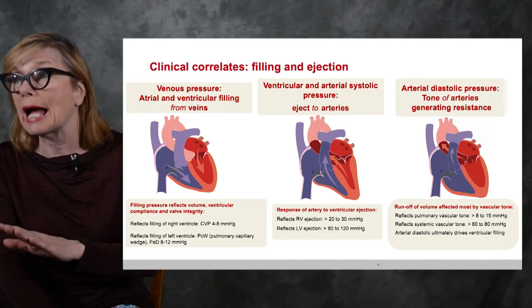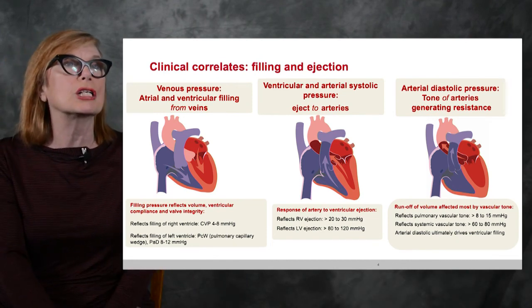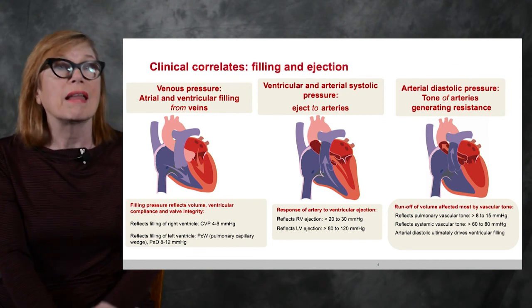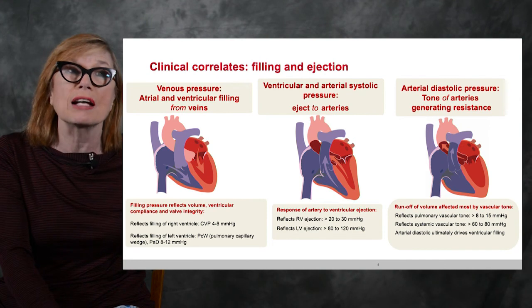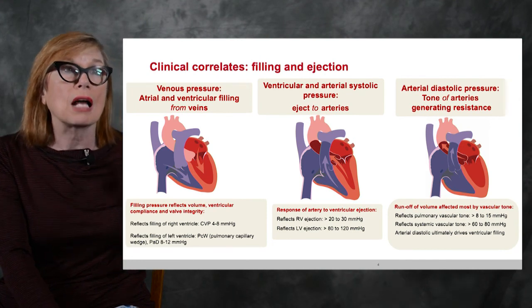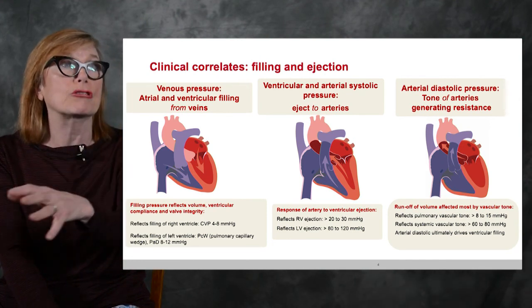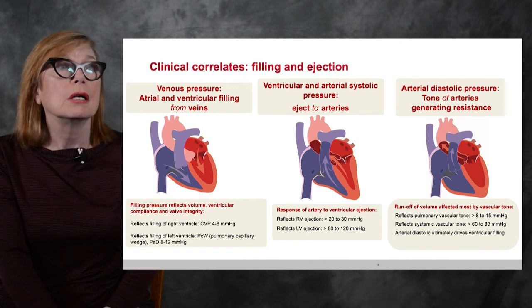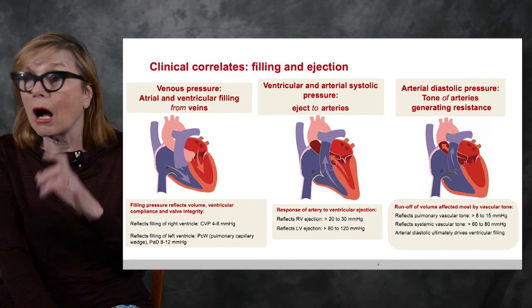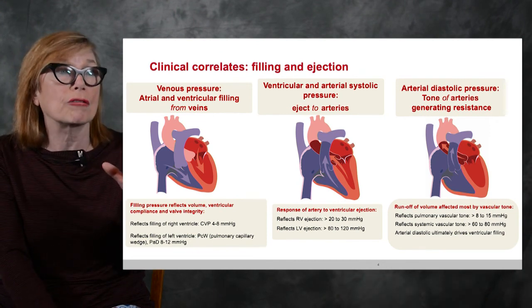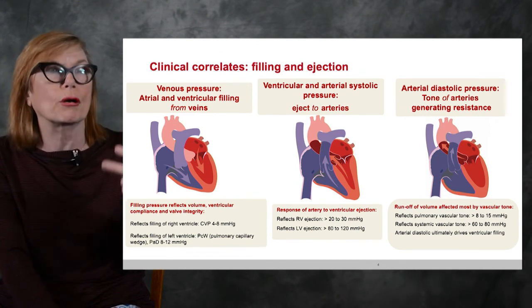And then, last but not least, we look at arteriolar tone. Now, that diastolic pressure in the artery is different than the diastolic pressure in the ventricle. Diastolic pressure in the ventricle is about the pressure column to fill the ventricle. Diastolic arterial pressure is about the constant pressure in the artery that is driving perfusion.